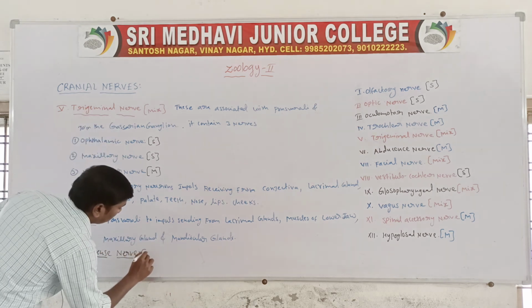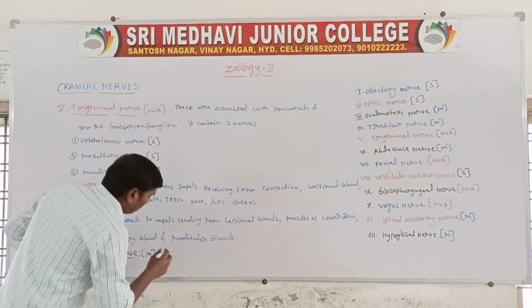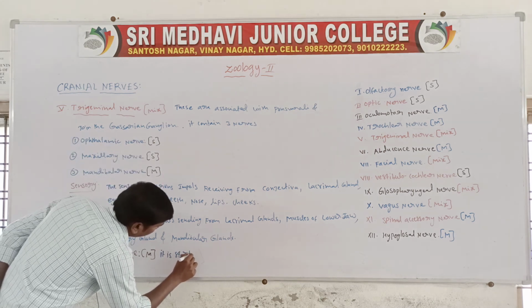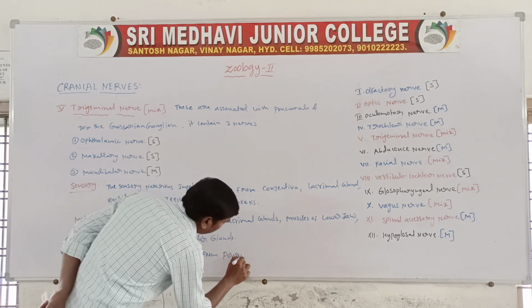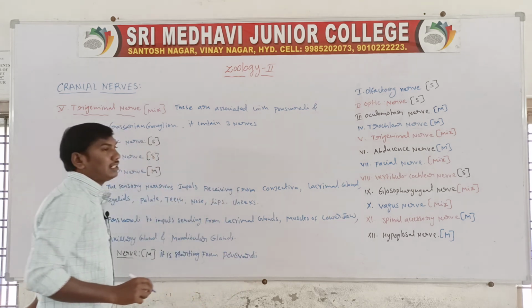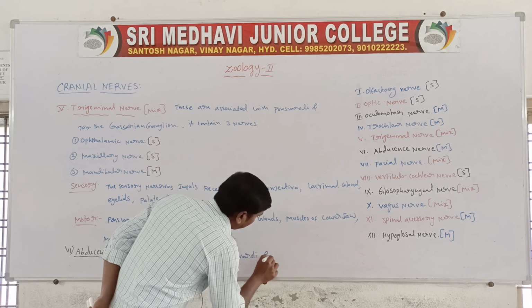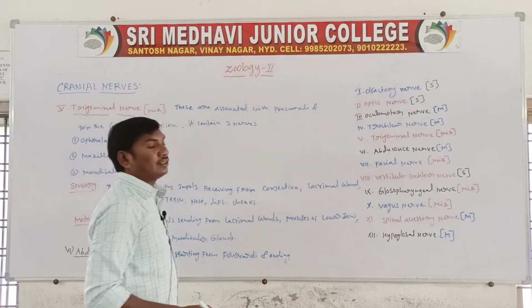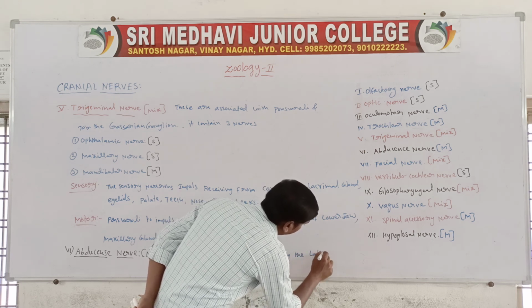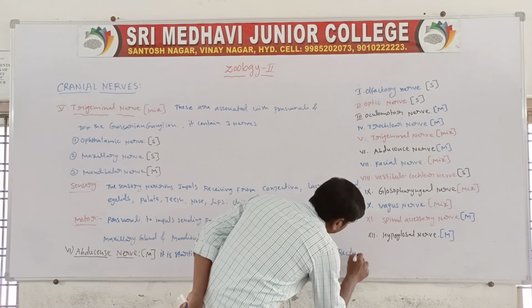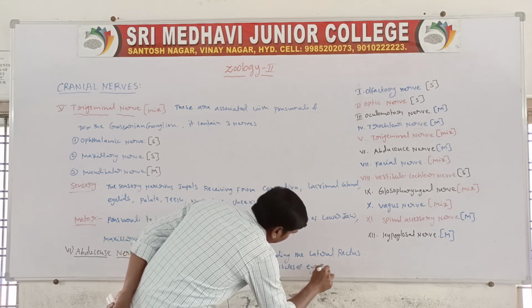It starts from the pons varolii and ends at the lateral rectus muscle of the eyeball.